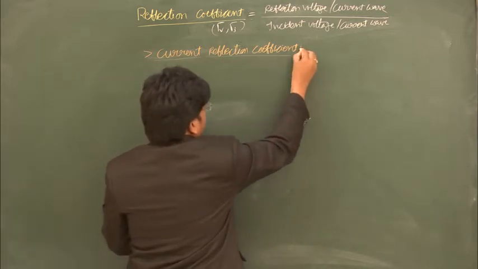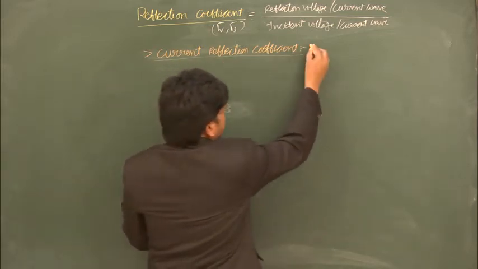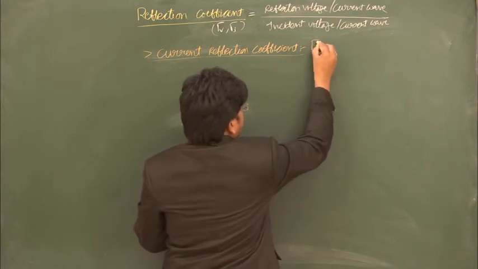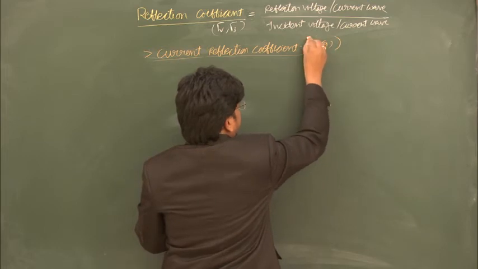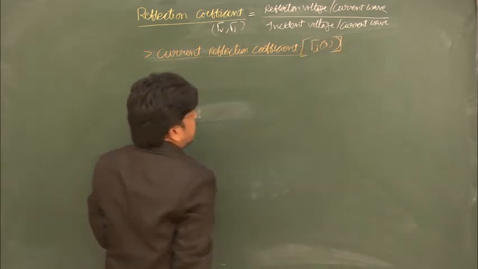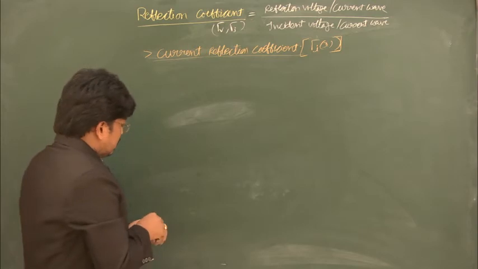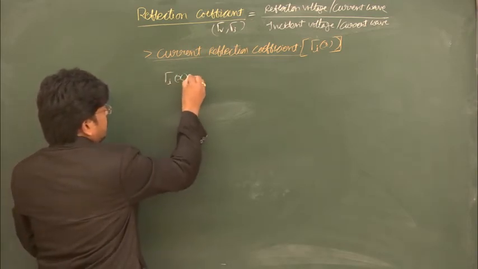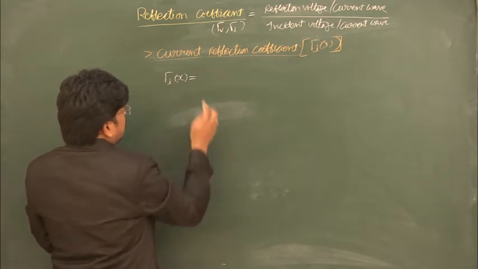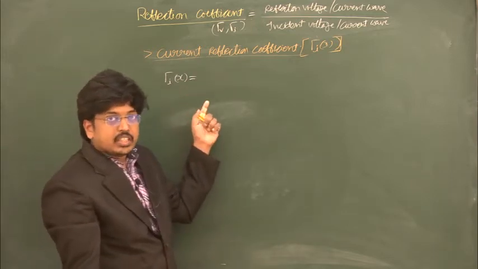We have to derive the current reflection coefficient, which is denoted by eta I of x. It is the ratio of the reflected current wave to the incident current wave.